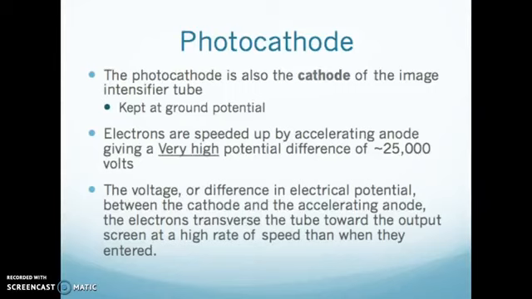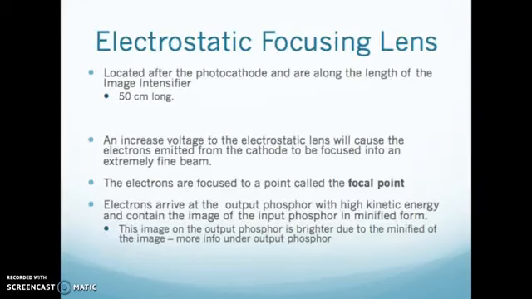So with the voltage, or difference in electrical potential, between the cathode and the accelerating anode, the electrons traverse the tube towards the output screen at a higher rate of speed than they had when they entered. The lenses are located after the photocathode, along the length of the image intensifier, which is 50 cm long.